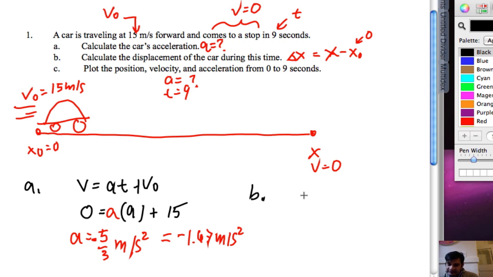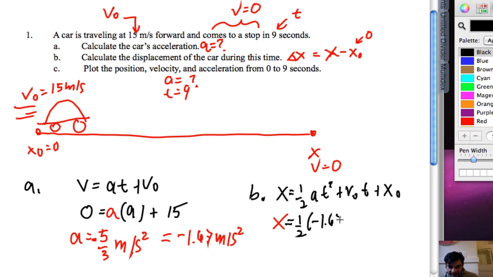Now let's do part B and see what we have here. So let's see if we can get these numbers. So we have x equals 1/2 a t squared plus v naught t plus x naught. And so when we plug in our numbers, we have our unknown is x, and that equals 1/2 times negative 1.67 times 9 squared, which is 81, plus 15 times 9 plus 0.